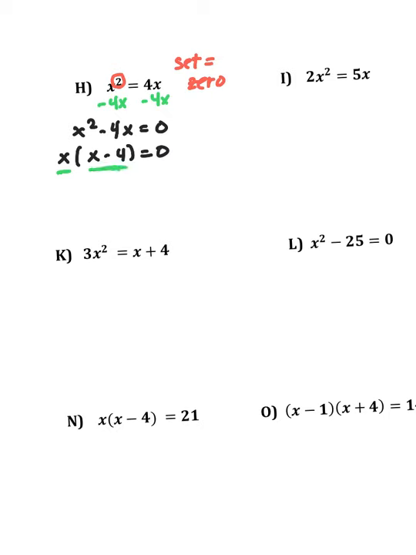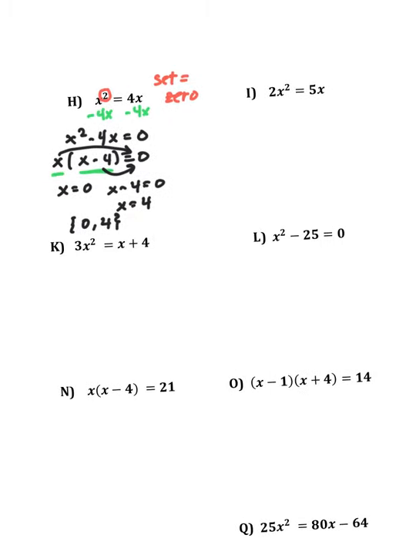Something times something is equal to 0. That means one of those things is equal to 0, right? One or both. So final answer, x equals 0, or x minus 4 equals 0. And when we solve the second equation, we know that the two possibilities we have here are 0 and 4 for our answers. All right, very good.